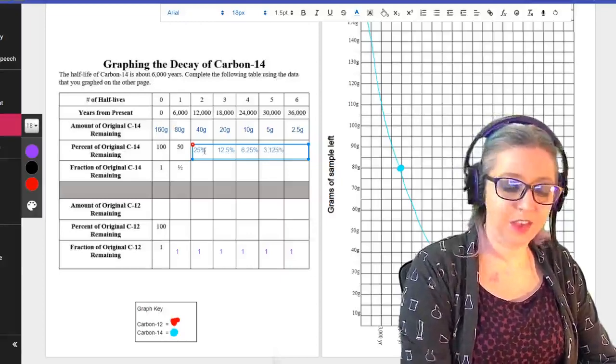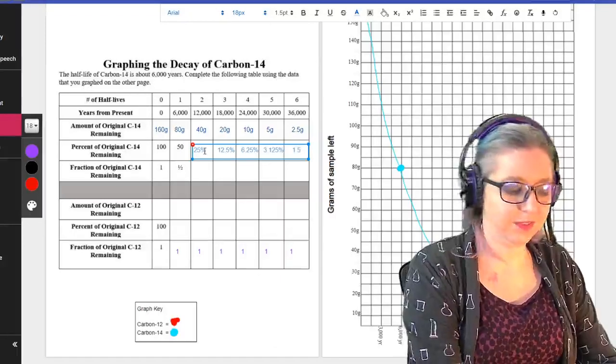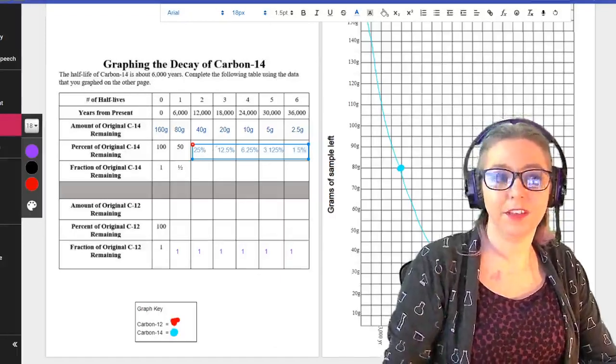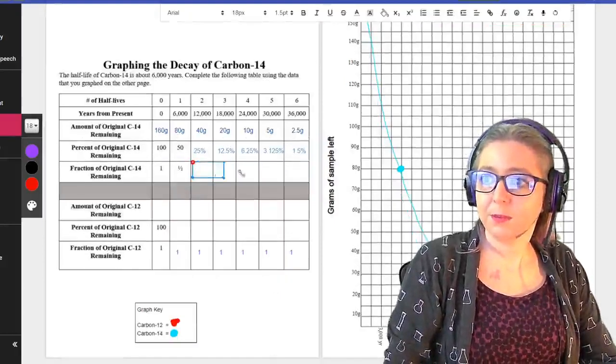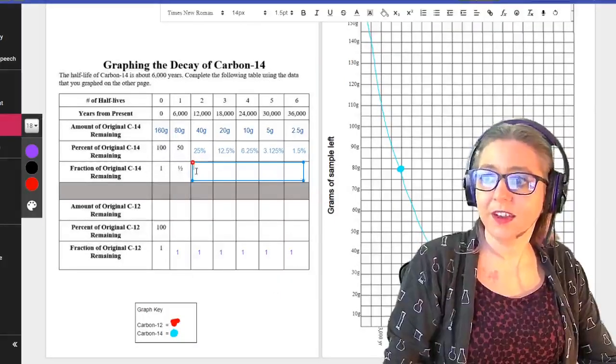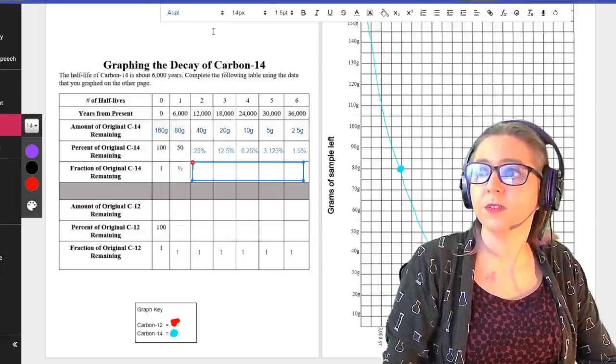And then 6 half-lives, we are down to about 1.5% of our sample left. Now the percents are pretty easy. You just divide the previous percent by 2.